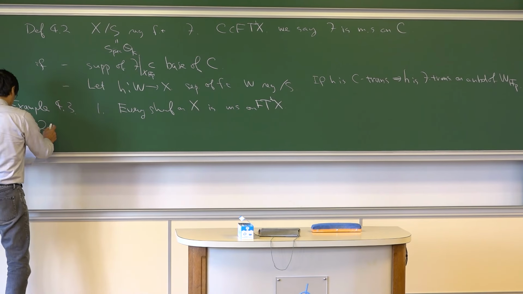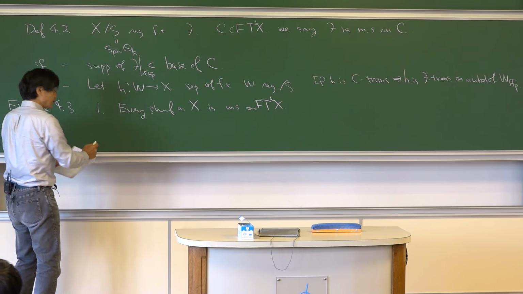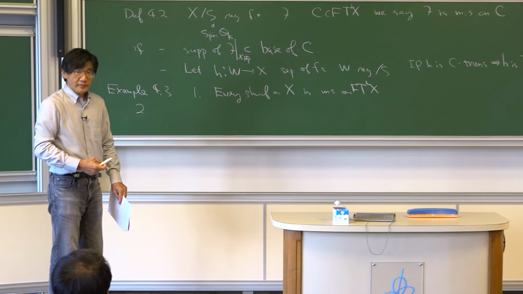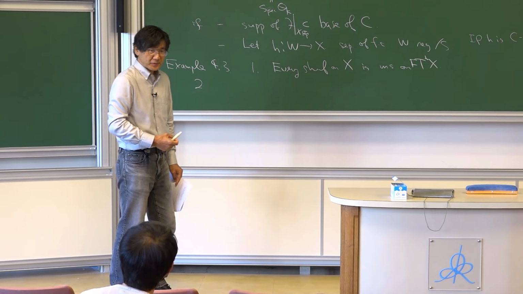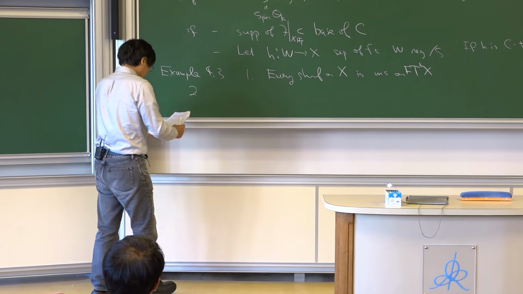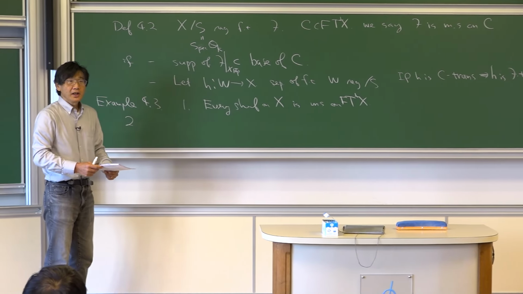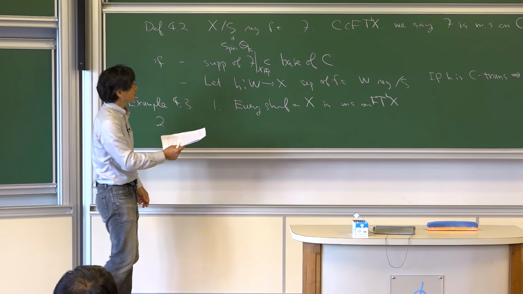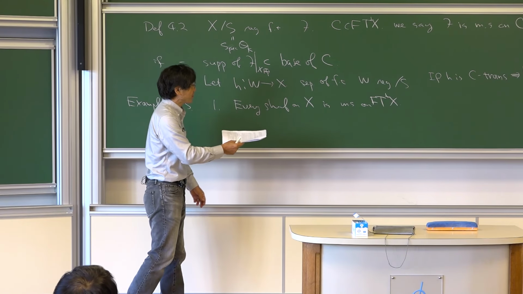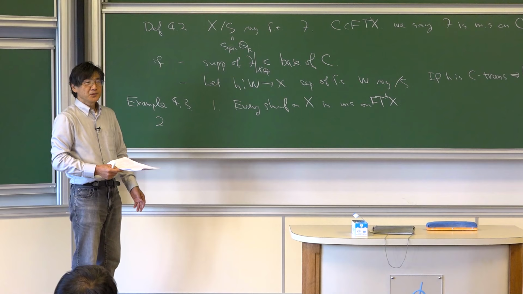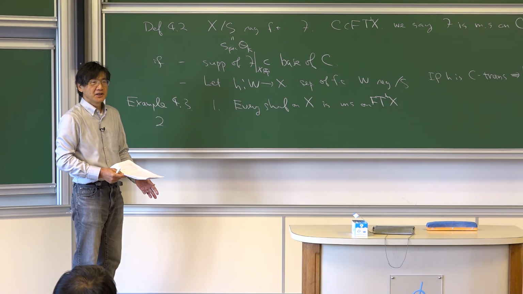The next property is injectivity on the FW differentials. The injectivity of the Frobenius pullback on the Frobenius-Witt cotangent bundle is equivalent to smoothness on the neighborhood of the characteristic p fiber.